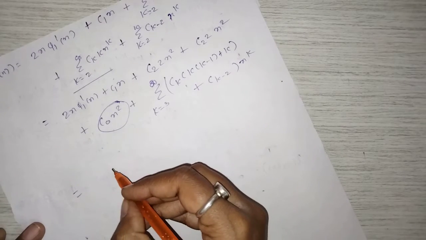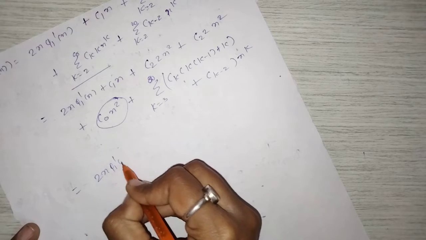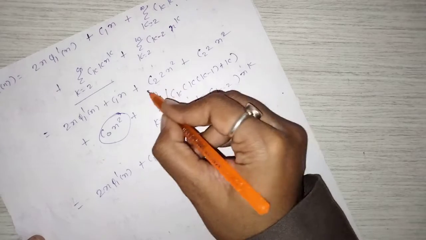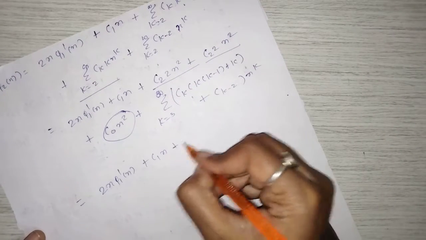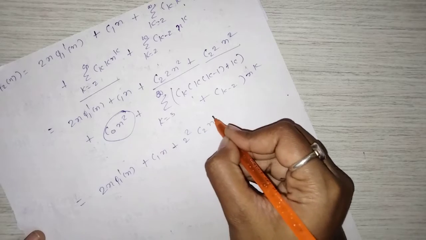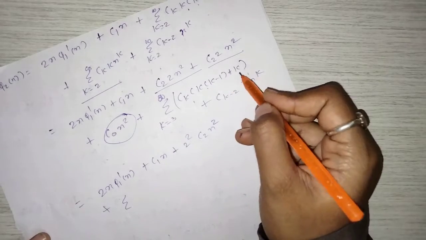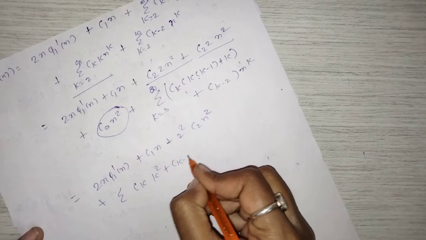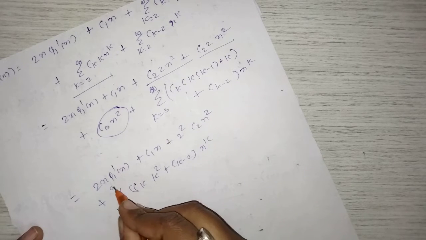So we get 2x phi 1 dash of x plus c1x, now c2x square common, 2 into 2 plus 2 square c2x square, plus summation k square minus k plus k cancel, ck into k square plus ck minus 2 x raised to k start from 3 to infinity.